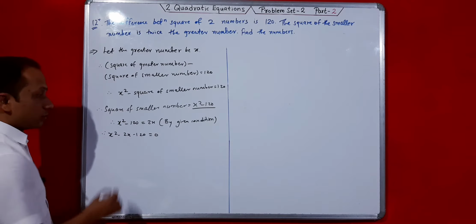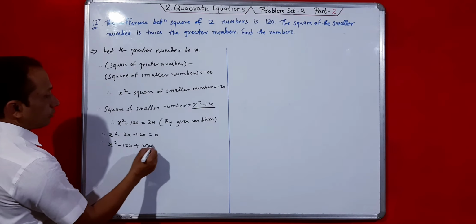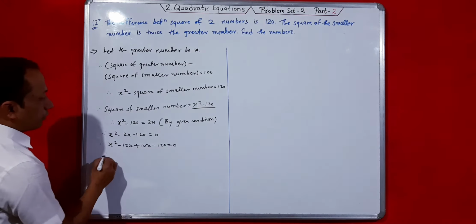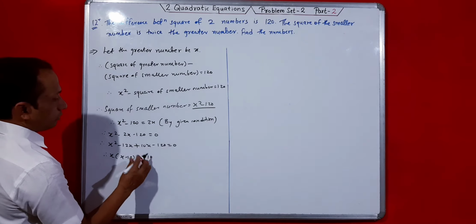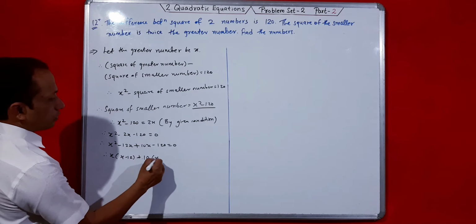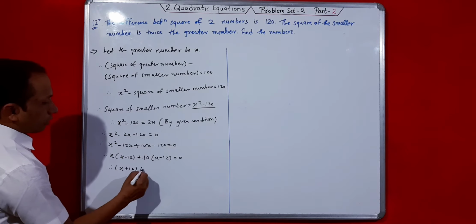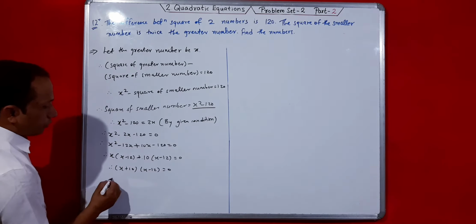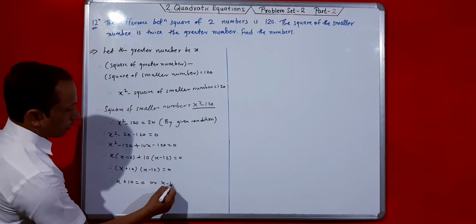Now factorize this. Therefore x square minus 12x plus 10x minus 120 is equal to 0. Therefore x in the bracket x minus 12, plus 10 in the bracket x minus 12, is equal to 0. Therefore x plus 10 is equal to 0 or x minus 12 is equal to 0.